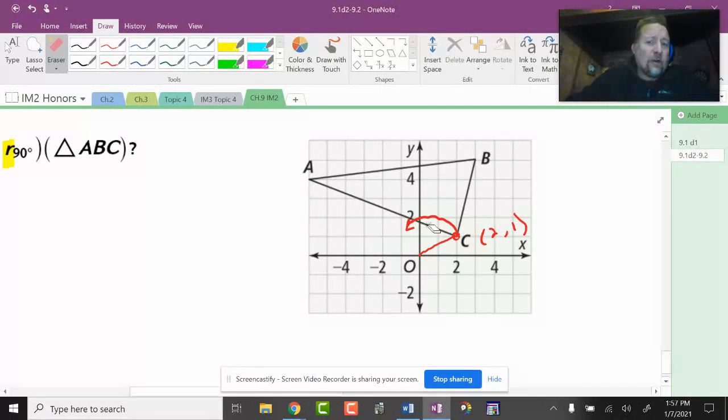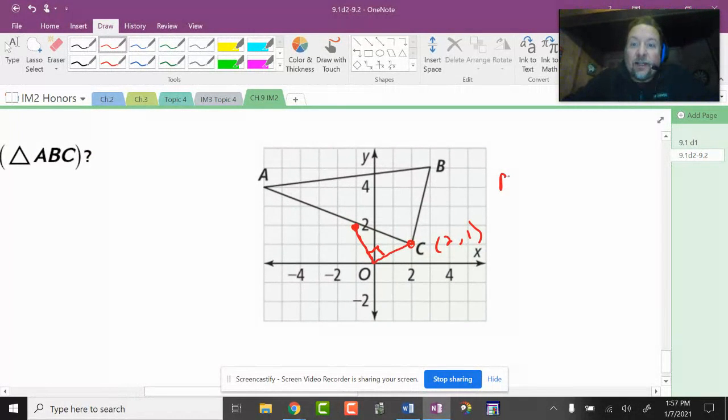It's going to come out of nowhere, but I just know this is the fact. Watch what happens: (-1, 2), that point right there. When I draw this right here, and I got a protractor, that would be 90 degrees right there. So I'm going to put this off to the side.